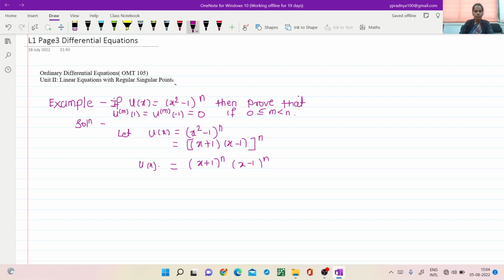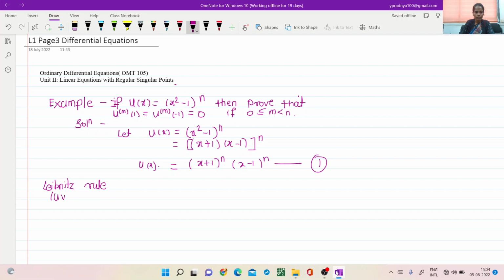For finding the mth derivative of u at 1, we have to differentiate equation 1 with respect to x m times. For taking the mth derivative of this, we have to use the Leibniz rule for the product of two functions.